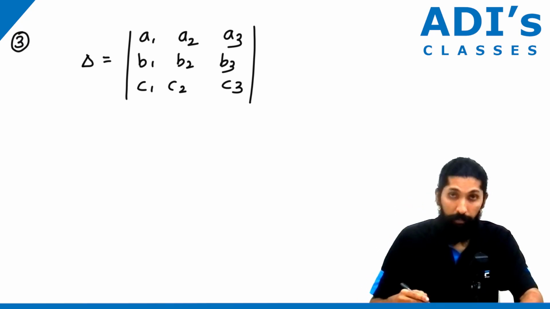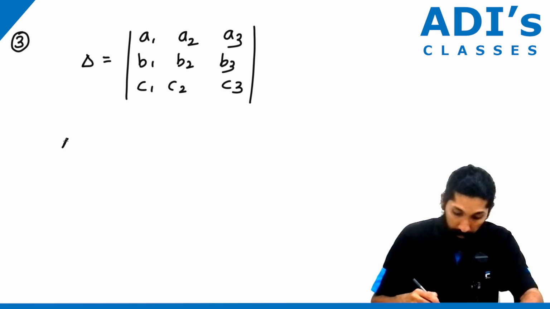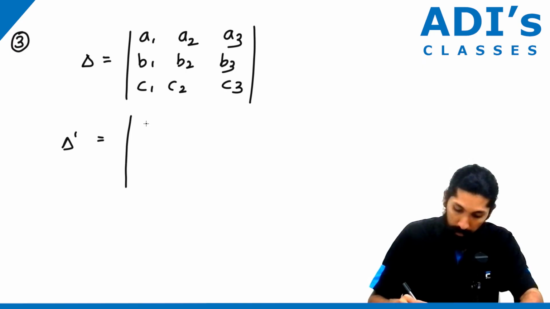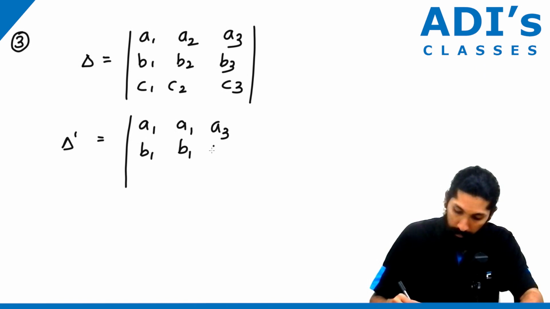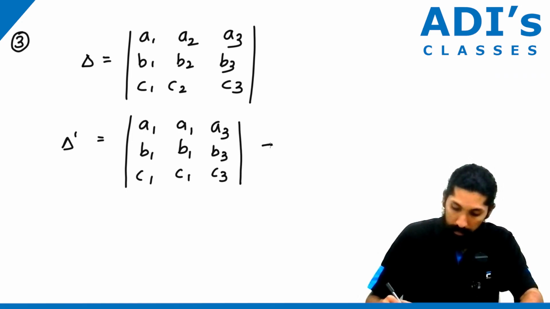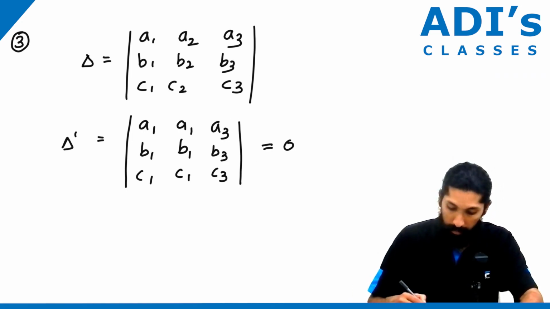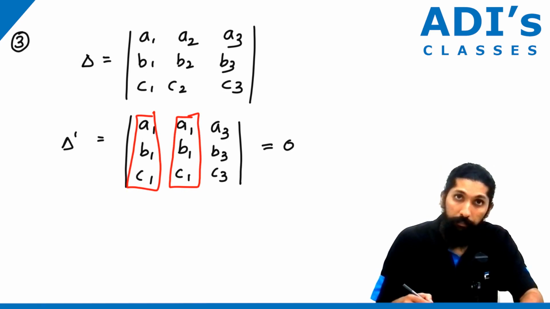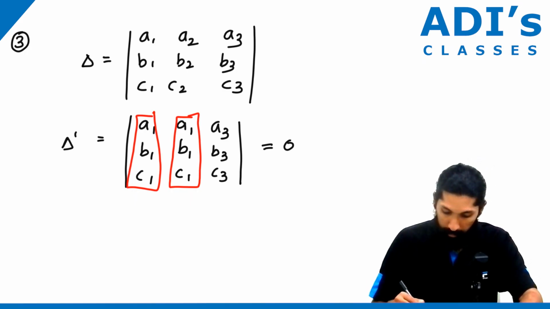Suppose in a second determinant, delta dash, two columns are equal: A1, A1, A3, B1, B1, B3, C1, C1, C3. Then delta dash is equal to 0. Here the first column and the second column are both the same, correct?